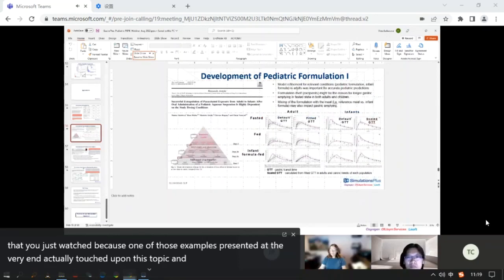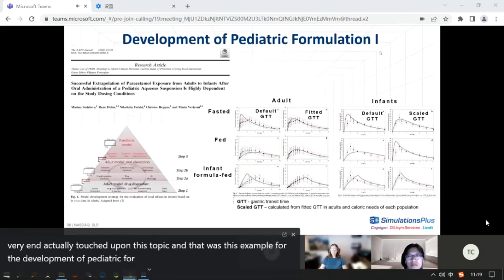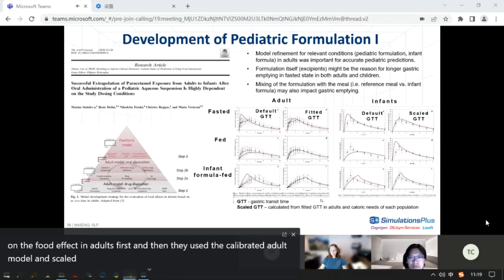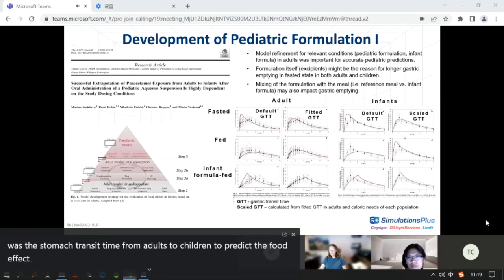That was the example for the development of a pediatric formulation, where they evaluated the food effect in adults first, and then used the calibrated adult model and scaled the relevant physiological parameter, in this case the stomach transit time, from adults to children to predict both fasted and fed conditions also in children.